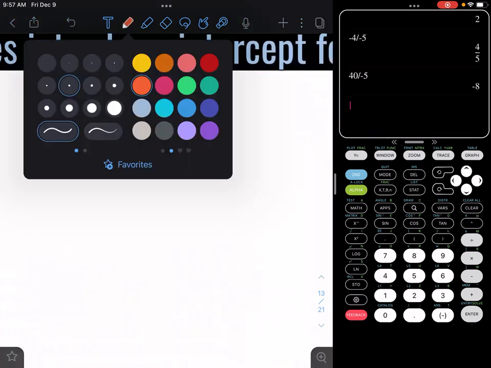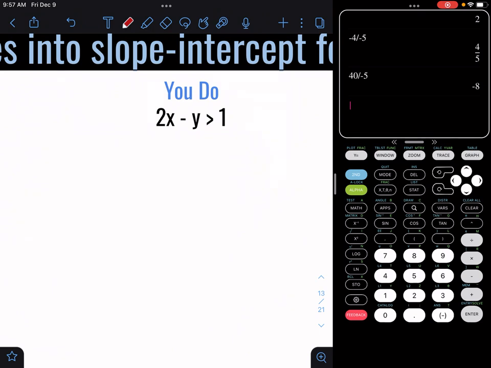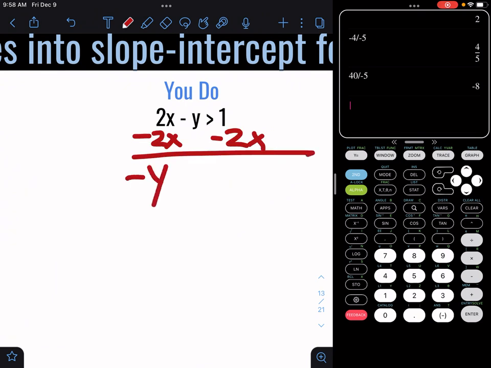Let's try this one. To get rid of this 2x, I'm going to subtract 2x because I want my y term to be the only thing on the left side. Can't actually subtract those because they're not like terms, so I'll leave it as negative 2x plus 1. And now there's a negative 1 attached to this y being multiplied by this y.